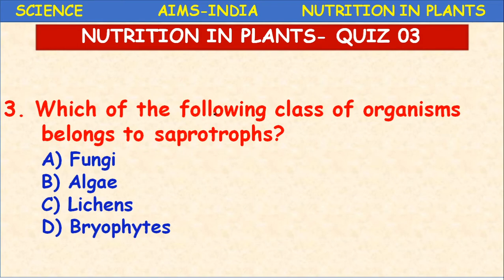Saprotrophs, the meaning. You have to understand the terminology at school level, so that when you go to higher classes, you can recall your knowledge. Saprotrophs means the plants which absorb nutrients from dead and decomposing organisms.